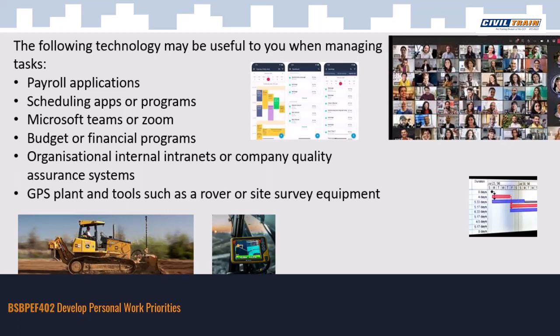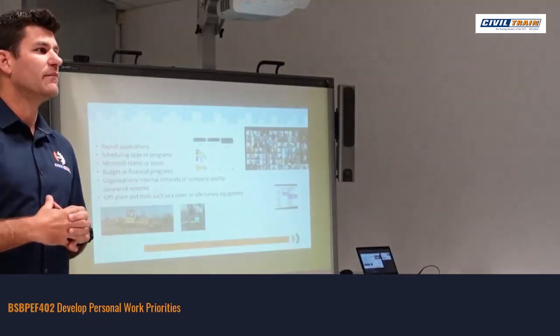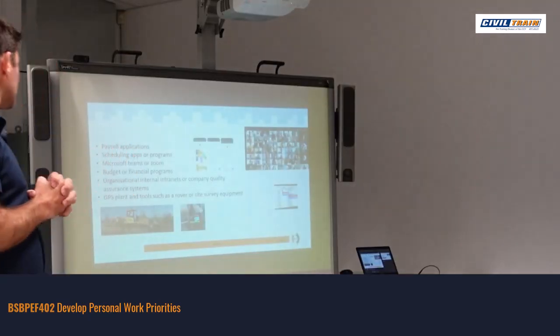We've really been thrust into that space, and I think it's definitely there to stay, in regards to the accessibility of just whacking a computer on and doing a Teams meeting instead of having to jump in a car and travel in for a meeting. Budget and financial programs, organisational internal intranet and company quality assurance systems. No doubt you guys with your systems, you've probably got them internally controlled.